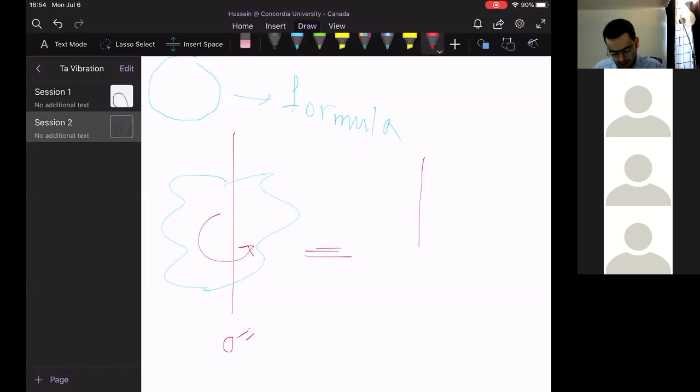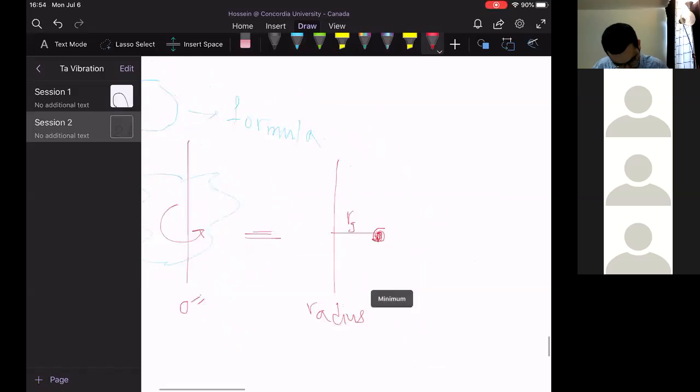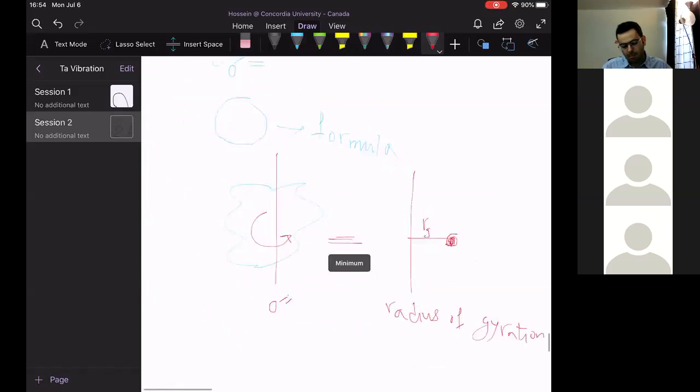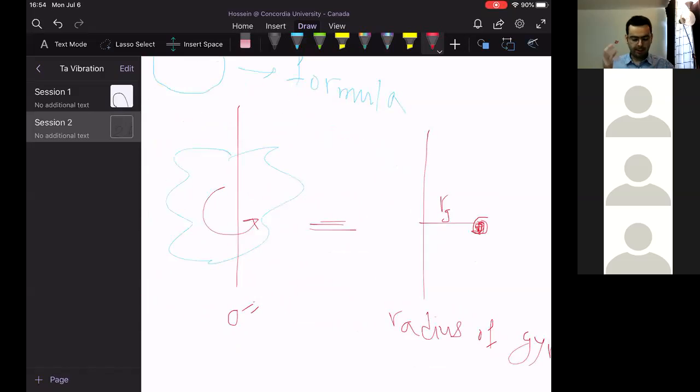We could imagine that all the mass of this complex system can be concentrated at a specific distance, the so-called radius of gyration, R_G. In the laboratory, by rotating the system and measuring acceleration, velocity, displacement, you could calculate the radius of gyration.